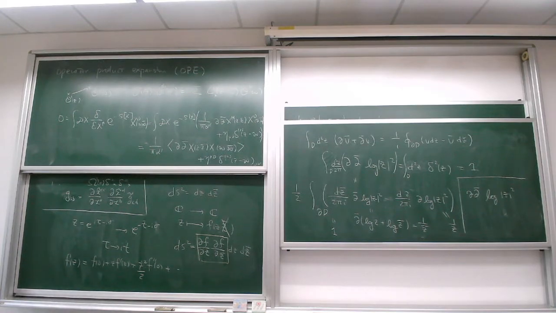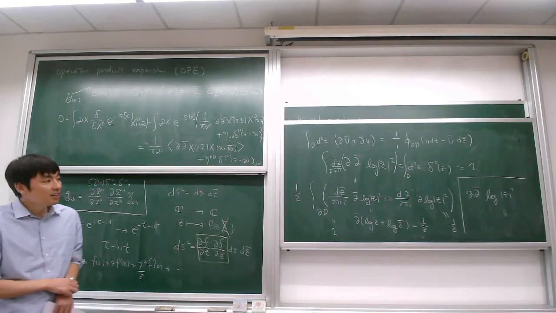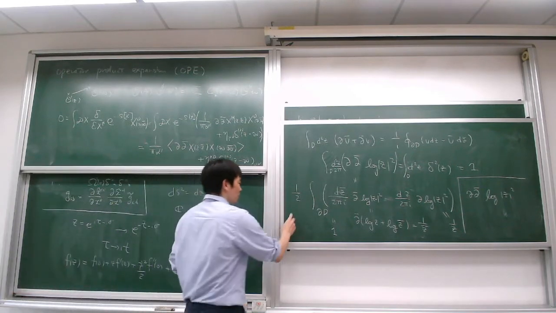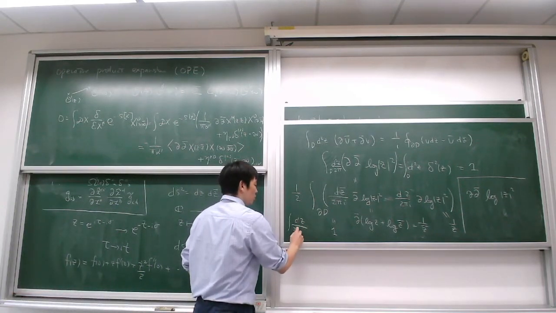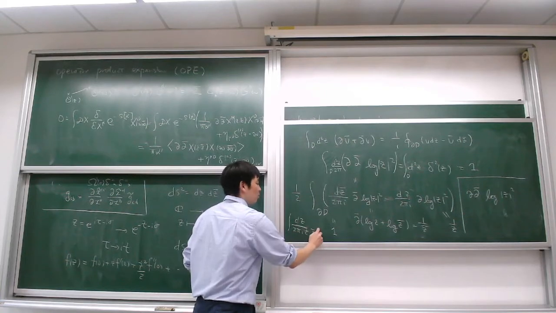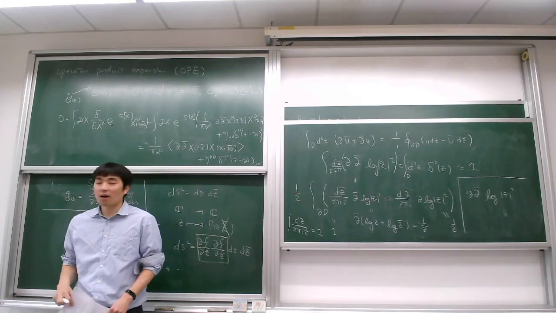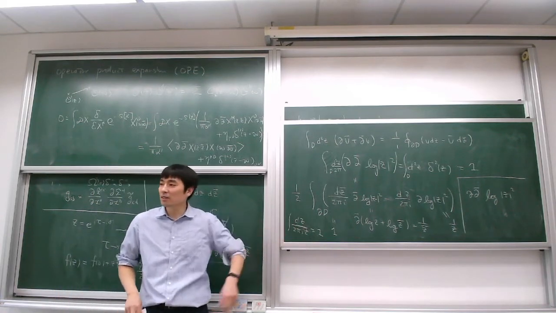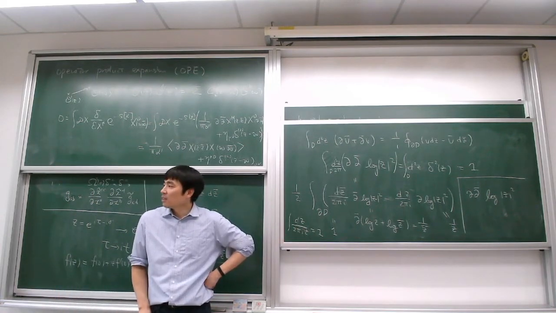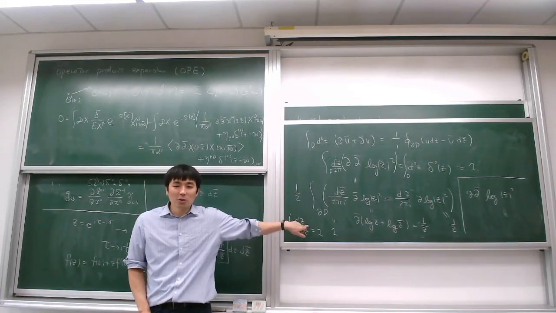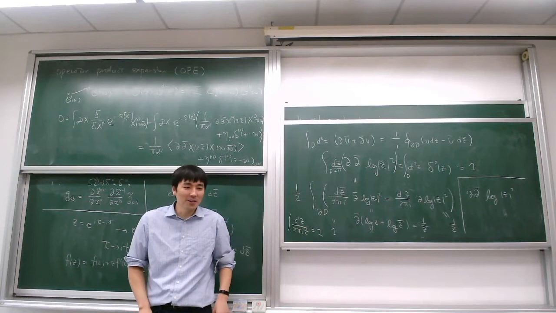Does it give you the right answer? So what we want is this one, 2 pi i, z is equal to 1. If it is z bar, does it get minus 1? If it is z bar, what would you get? Do you remember?